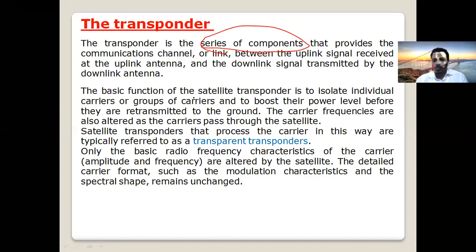So what's one of the major components of a transponder? The high power amplifier, specifically the traveling wave tube amplifier, TWT. It's a very important device, not only in satellites but in radar, other high power telecom applications, and microwave relay systems. It's very common to use the TWT, traveling wave tube amplifier.